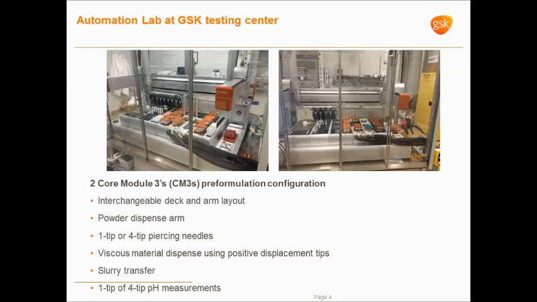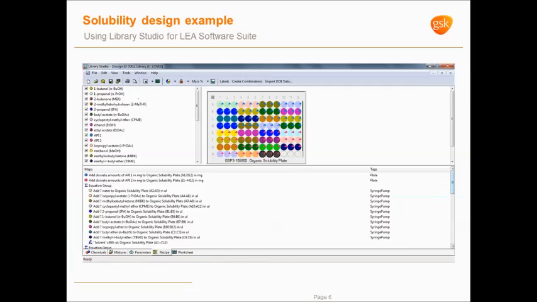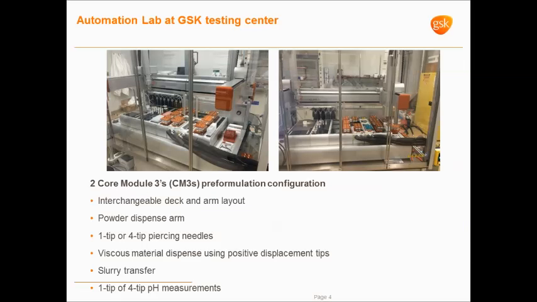So here is an overview of our automation lab at our screening center. We have two instruments, called Core Module 3, configured with a balance and different heater stir modules.